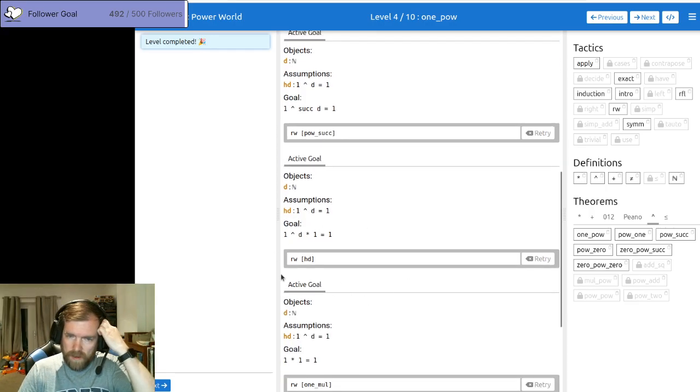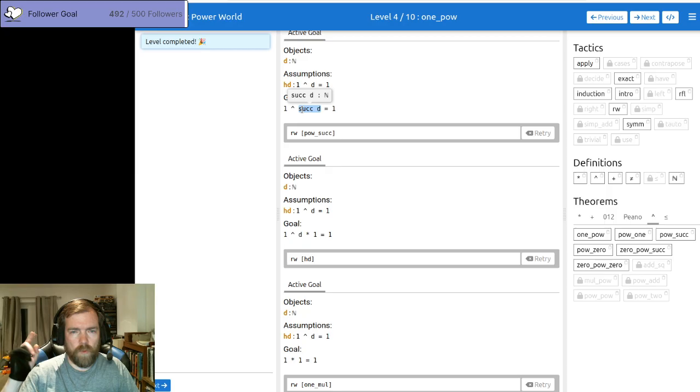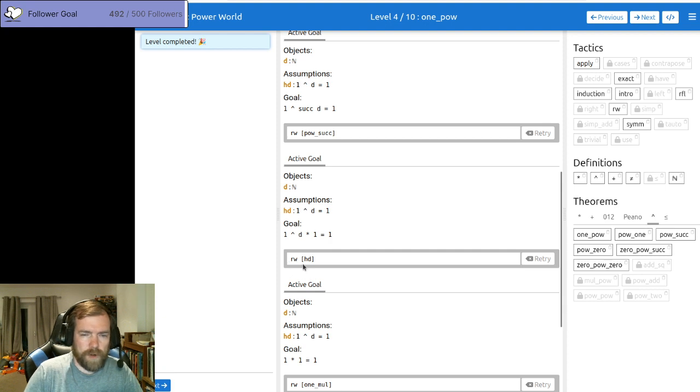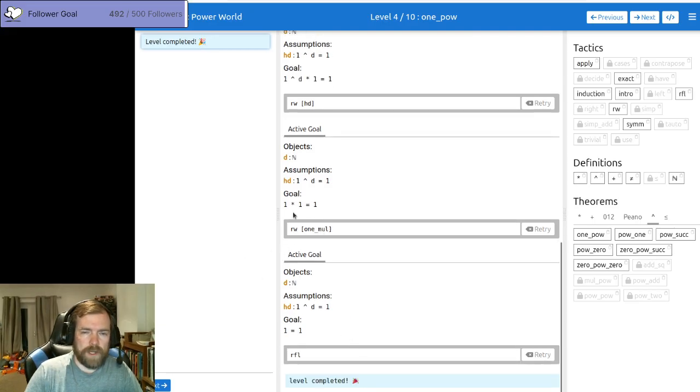We're going to rewrite our successor up top, 1 to the successor of d is equal to 1, as 1 raised to the d times 1, or 1 raised to the 1 in this case. Then we split those cases and we say, all right, well, we could rewrite our initial assumption, which was that 1 to the d is equal to 1, which gets us 1 equal to 1, and then we rewrite as 1 is being multiplied times something, so we get that thing that we started with, which is also 1. 1 equals 1, use reflexive.